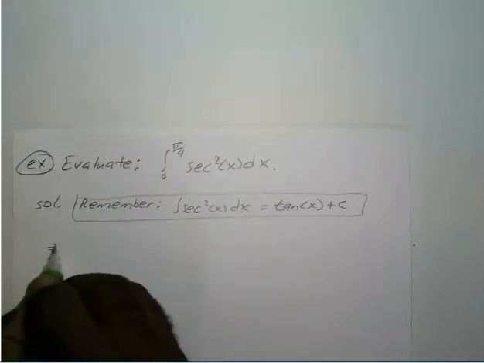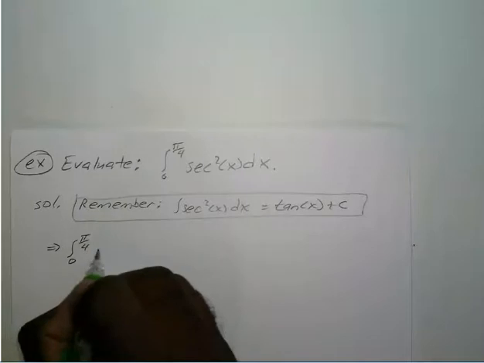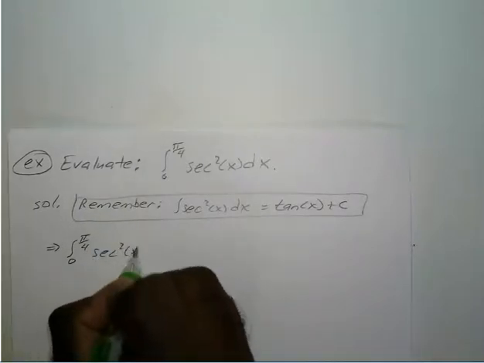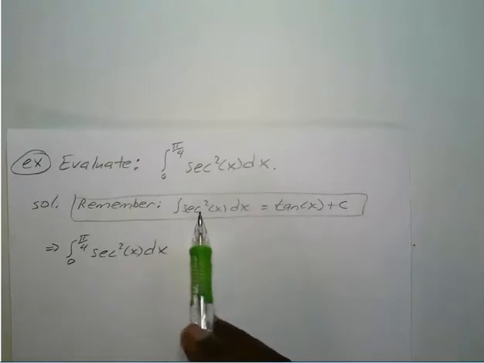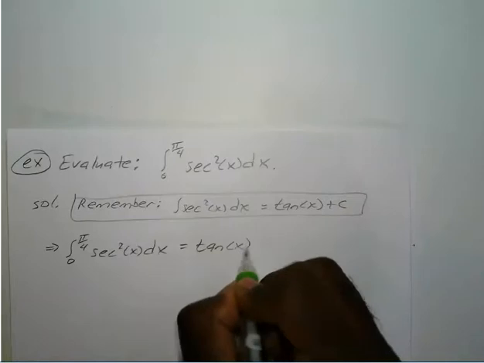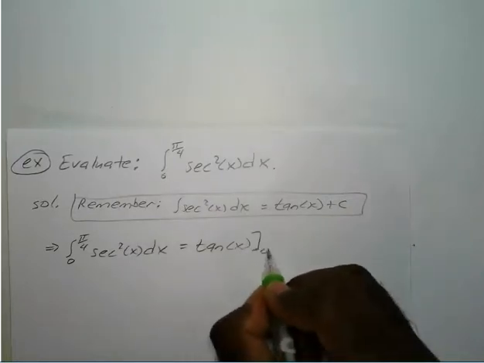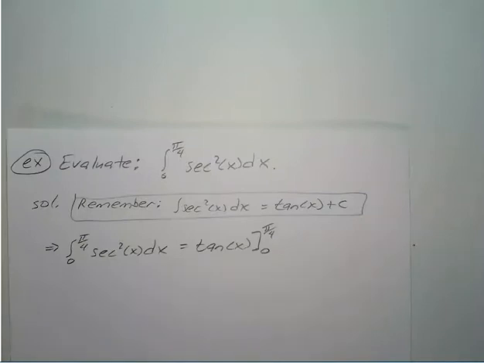Okay, so that means the integral from 0 to pi over 4 of secant squared of x with respect to x, since the integral of secant squared x is tangent x, that's going to equal tangent x from 0 to pi over 4, since we're not using the plus c.